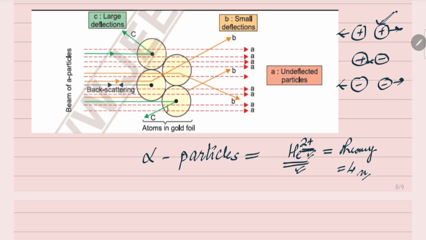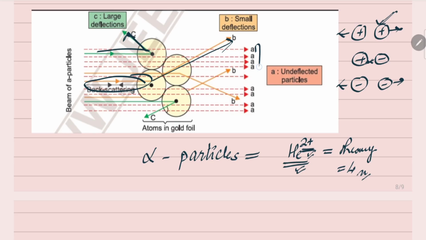So in these atoms, the exact center should have a positive charge, from where they show small deflections, large deflections, or even back scattering, bouncing back in the same direction.